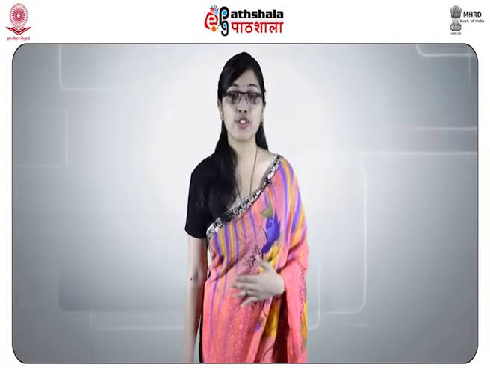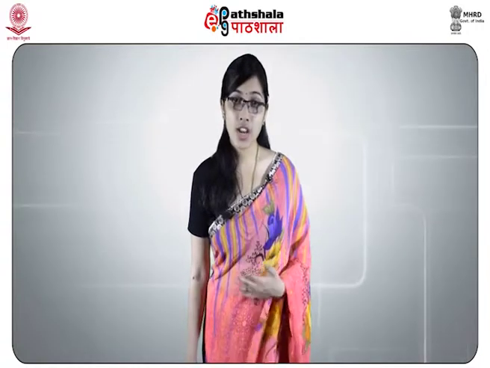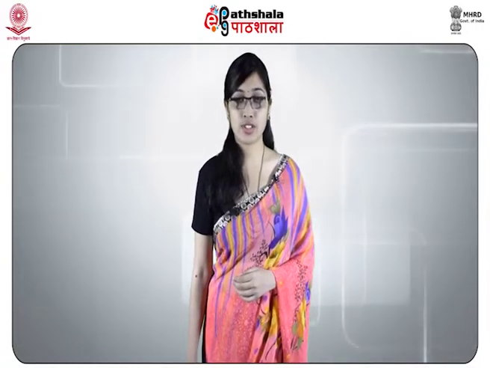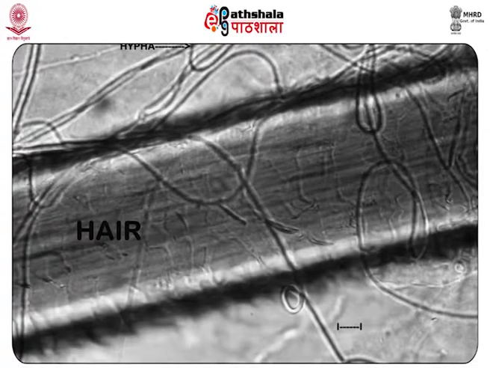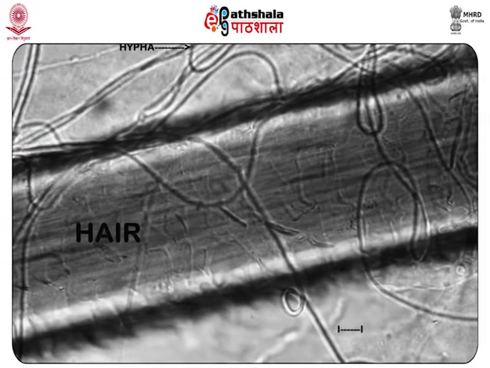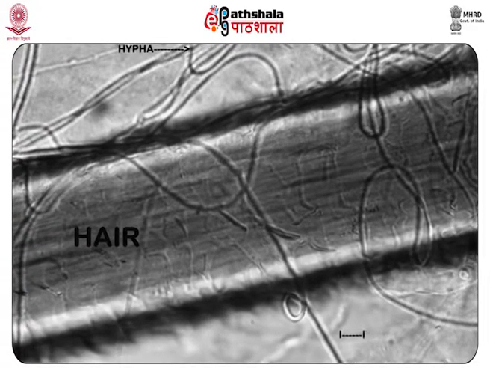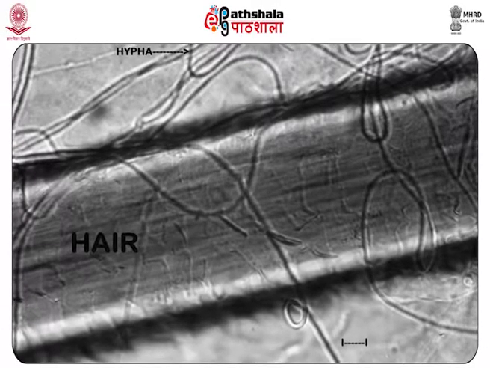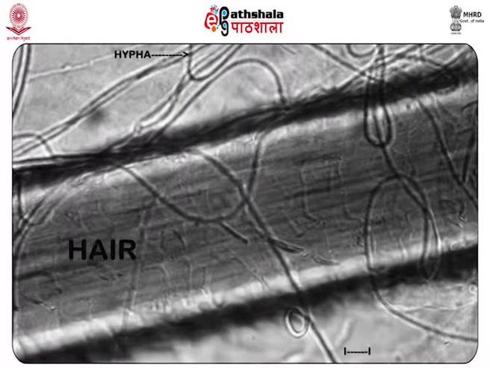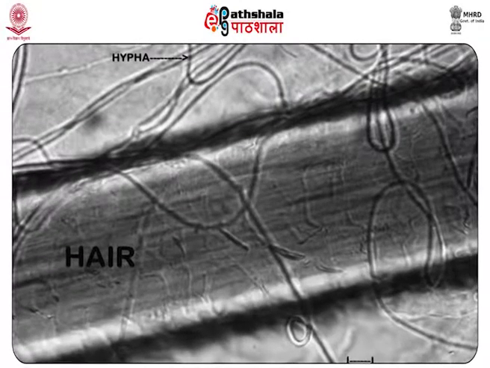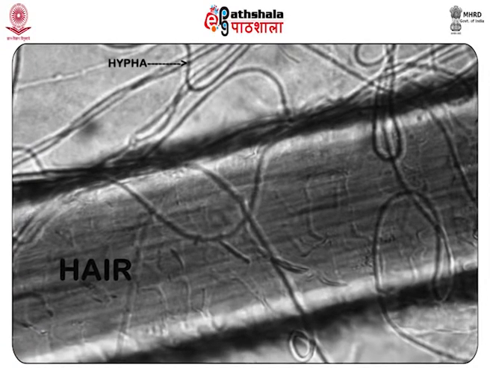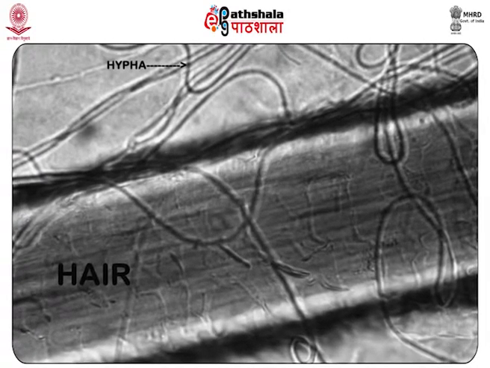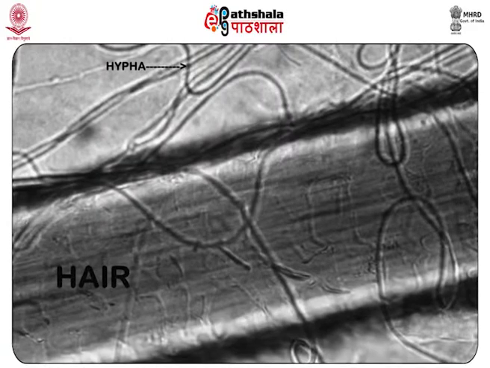A comparison microscope may be equipped with one of several types of stages. Now we will study the observations of the microscopic examination of hair. Preliminary microscopic examination is carried out without cleaning or mounting the hairs. It reveals their color, the contamination and the character, whether they are curly, wavy, soft or coarse, whether the ends are frayed or have tips, or whether the roots are present or not.